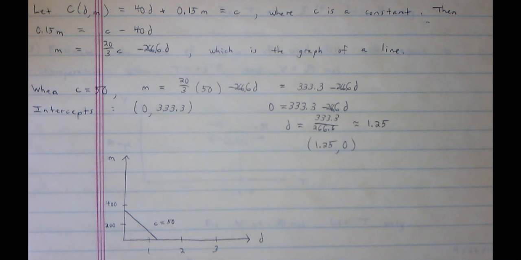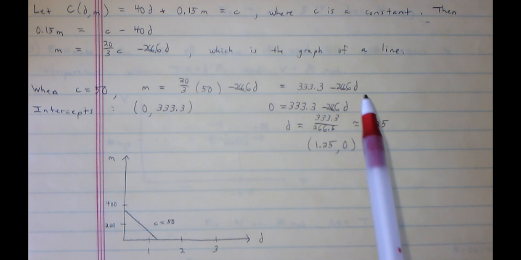I'll illustrate how to find one of the contours. So now we're going to let our constant c be 50. Then we end up with this equation, m equals 20 over 3 times 50 minus 266.6d, and it reduces to this. So let's start by finding the intercepts of this line.